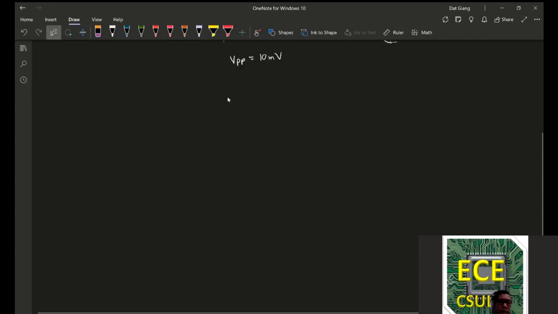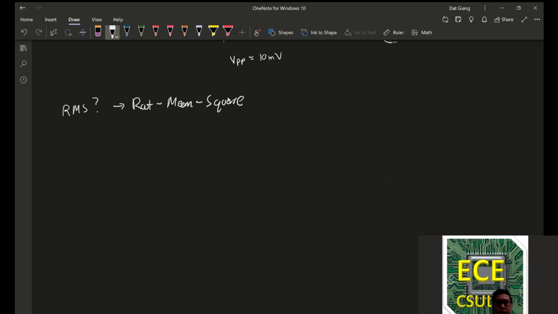Let's first talk about RMS. What does it mean to have RMS? RMS stands for root mean squared. It tells you a signal squared, encoded as the following: V squared of t.